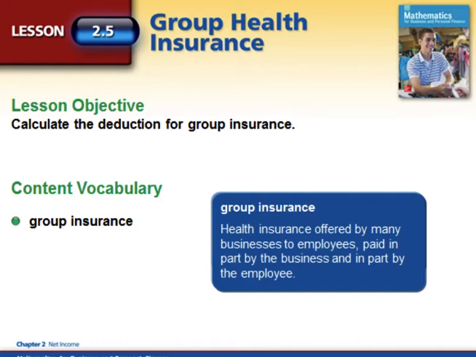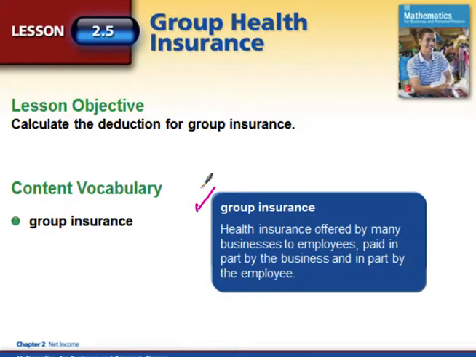So continuing on our net pay calculations, today we're going to talk about group health insurance and how to calculate that cost for your deductions out of your paycheck. So what is group health insurance? Group health insurance is health insurance that's offered by many businesses to employees.